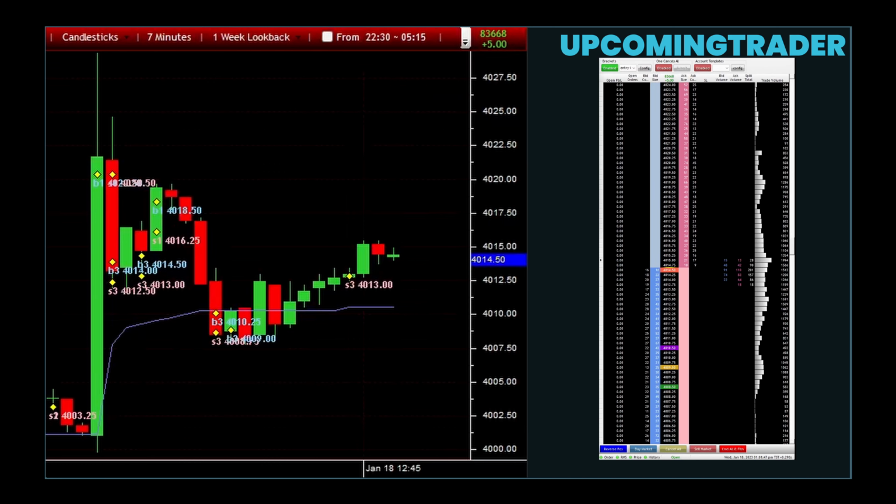Another advanced pattern to consider is the morning star and evening star. The morning star pattern appears during a downtrend and signals a potential bullish reversal. It consists of three candles: a long bearish candle, a small bodied candle that can be either bullish or bearish, and a long bullish candle.